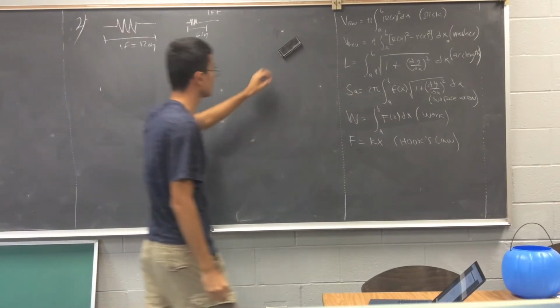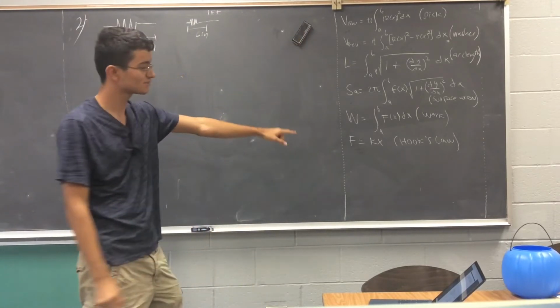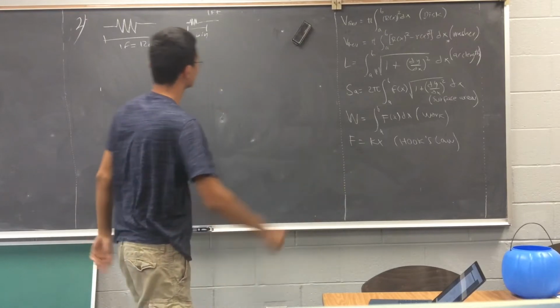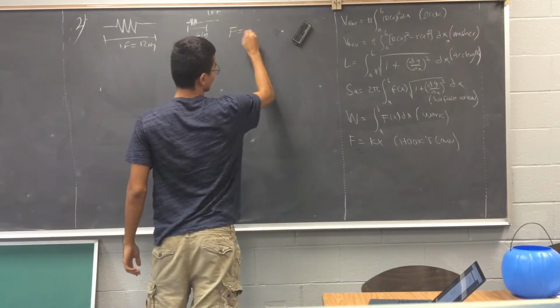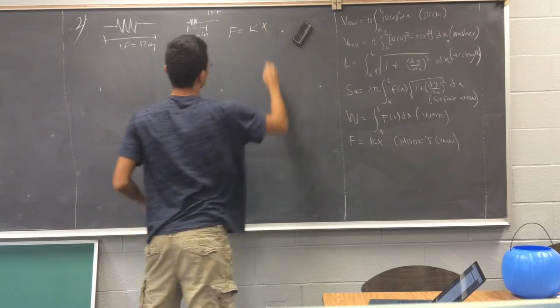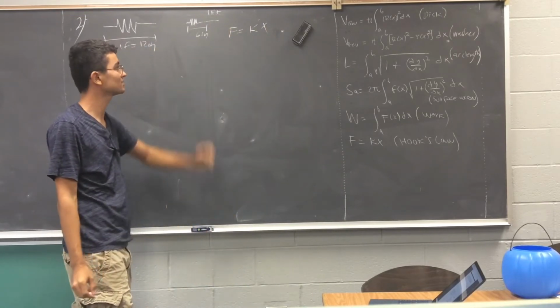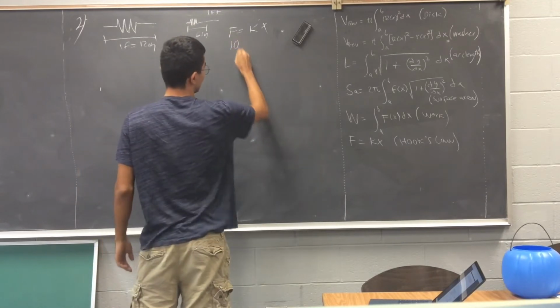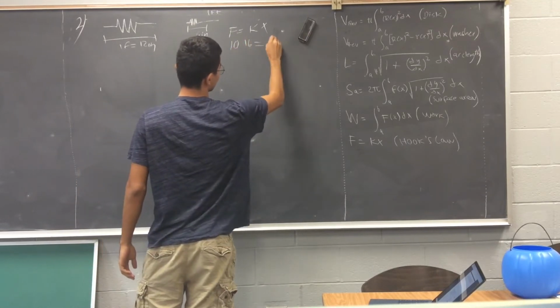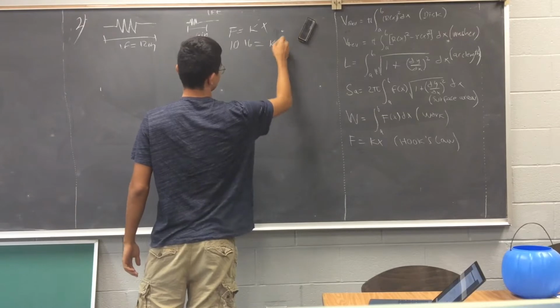So we can use Hooke's law, F equals kx, to find our constant k, if we know it requires 10 pounds to hold the spring at 6 inches. So that's 10 pounds equals k times 6 inches.